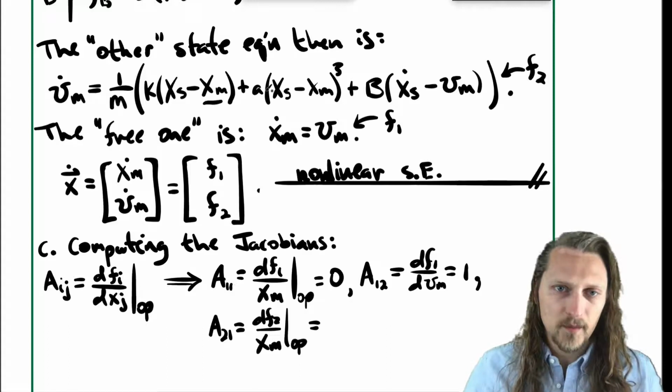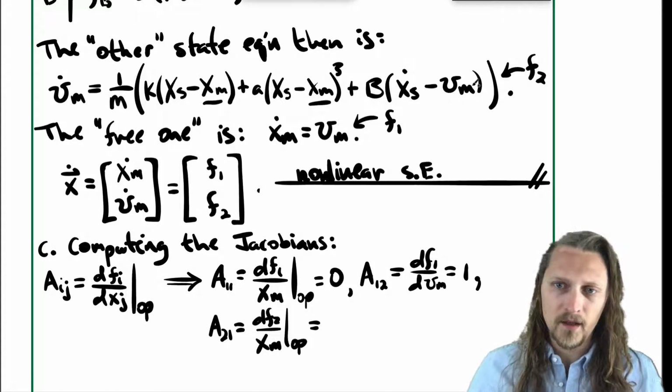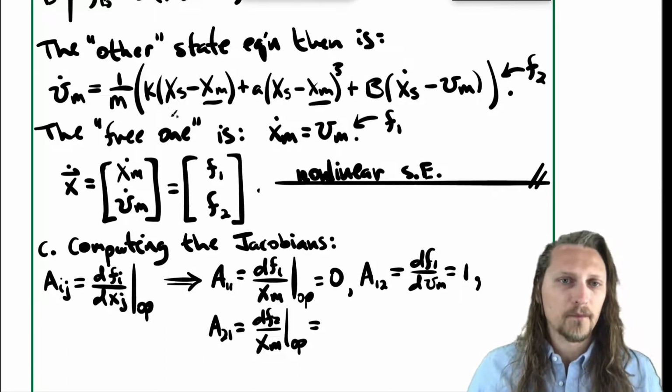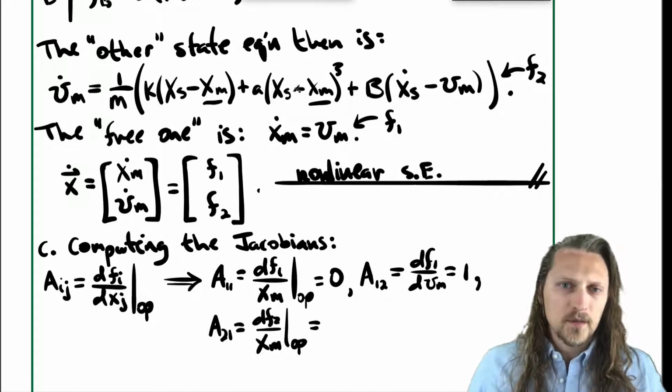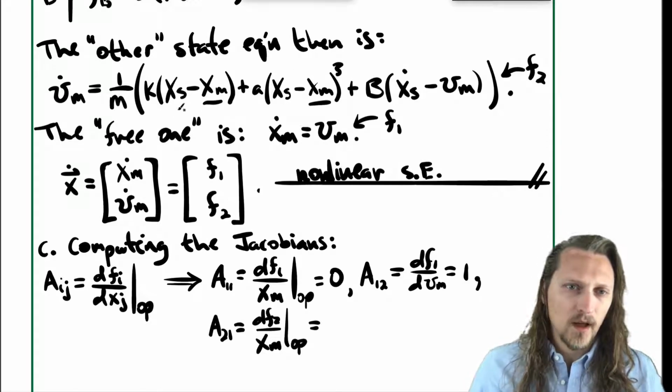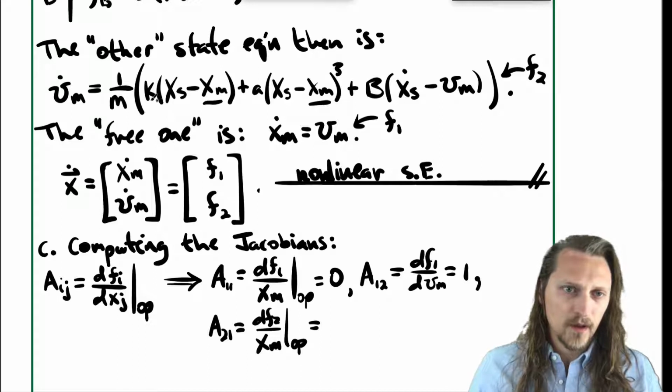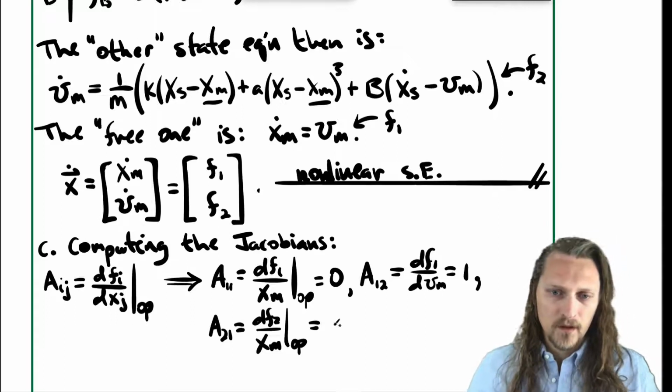I see an xm here, and I see an xm there, and there's no xm in that term. So these two terms are going to be non-zero. And this first one, if you expand it a little bit, is just negative k over m.